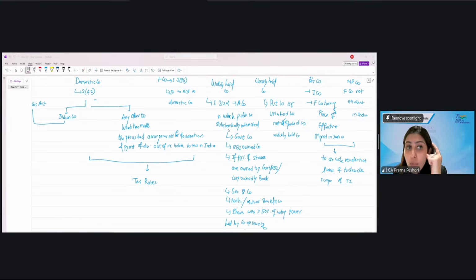So the CBDT in its circular has given a lot of tests to decide whether this is revenue receipt, whether it should be taxable as PGBP or it should be taxable as capital gain. See, your head of income will also change. Right? So that again you're going to learn in the capital gain class.